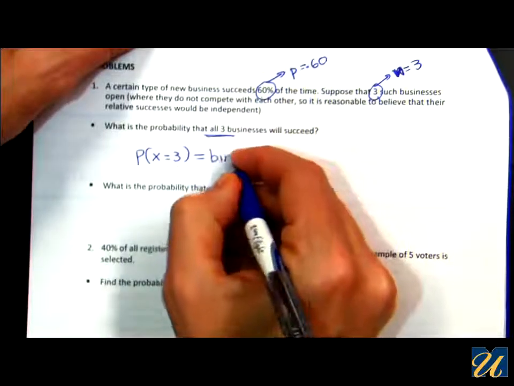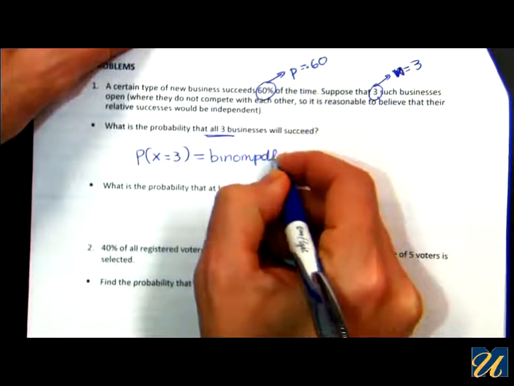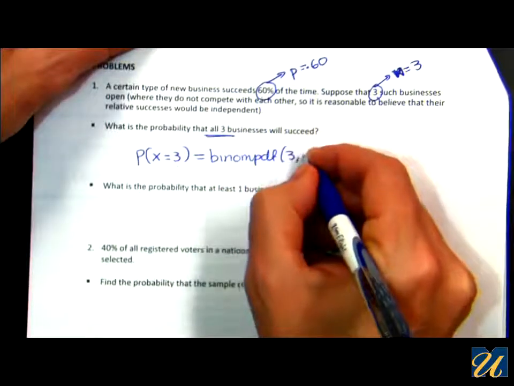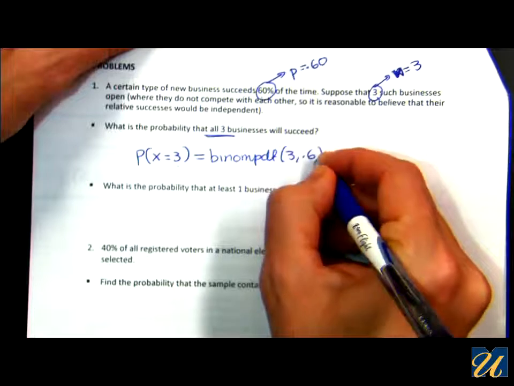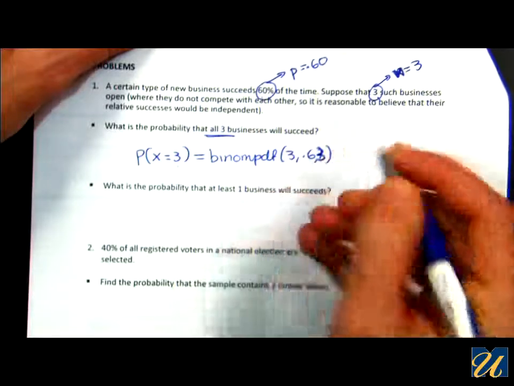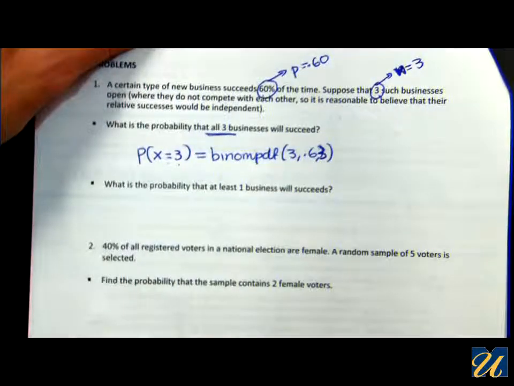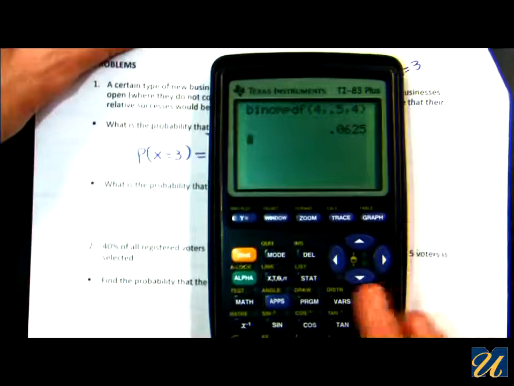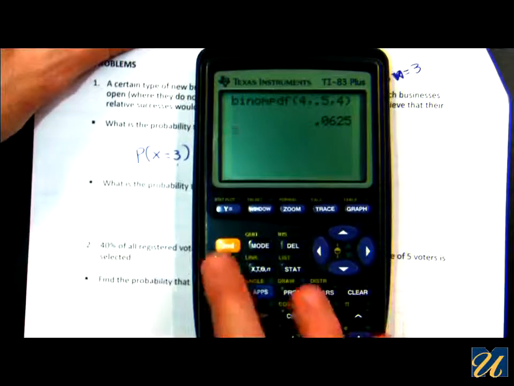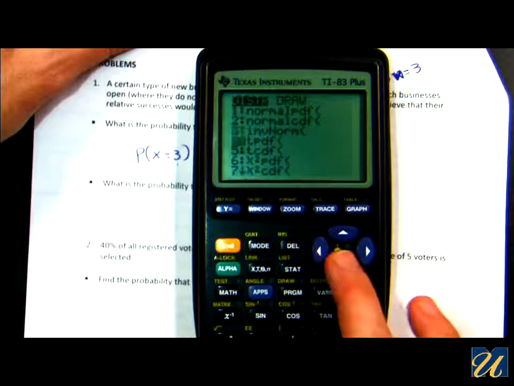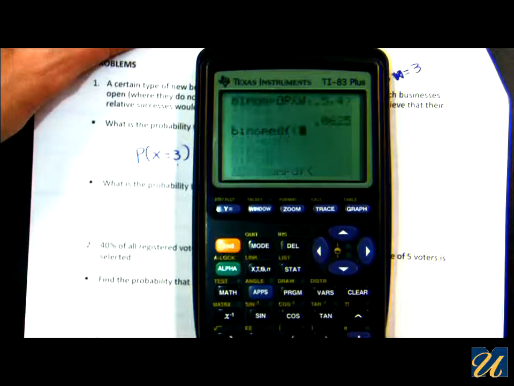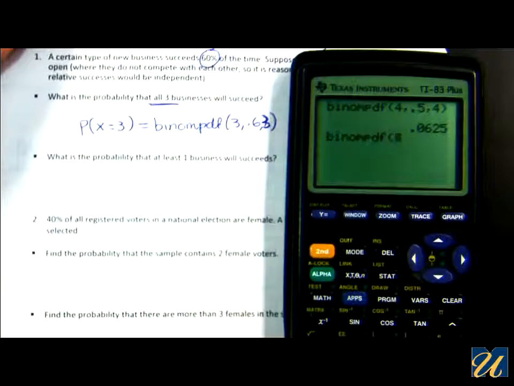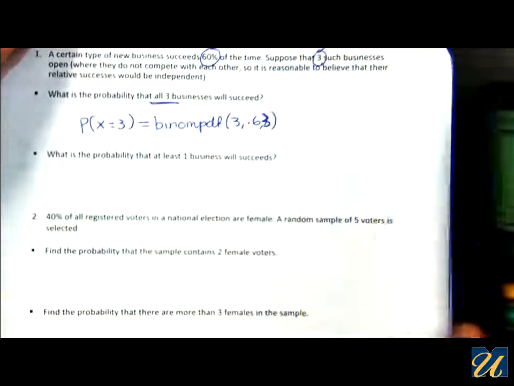So you will do binomial PDF n, comma, p, comma, x. So if you were to use your graphing calculator, you go second vars, binomial PDF, right? And we have 3, comma, 0.6, comma, 3, close parentheses, enter. 0.216 will be the probability.